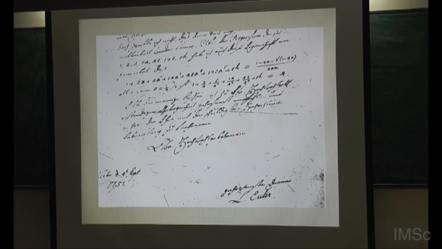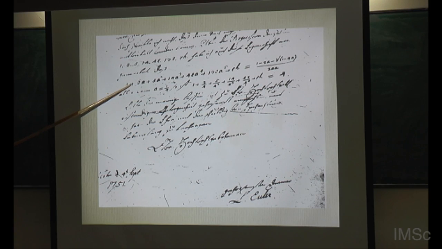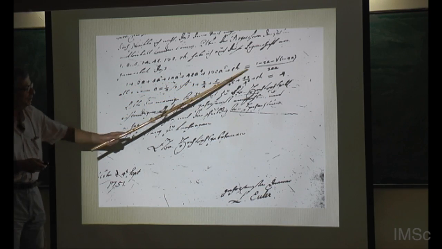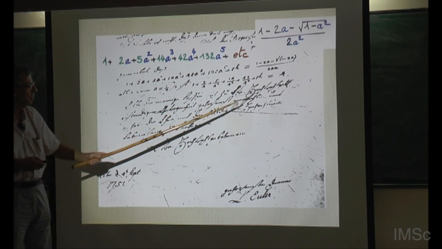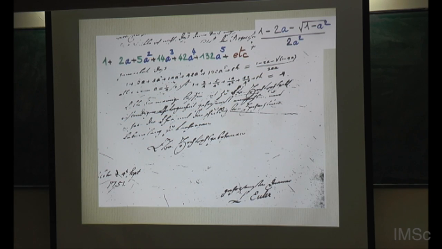And he even gets what we are going to introduce in this lecture, the generating function for Catalan numbers. So it's a formal power series. And he even gets the explicit expression for this generating function. So he was really a pioneer in combinatorics. He introduced formal power series.